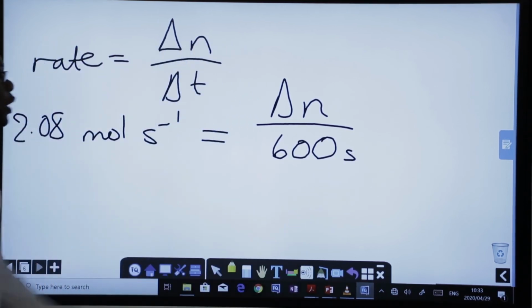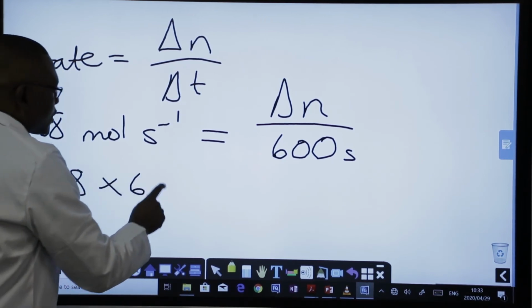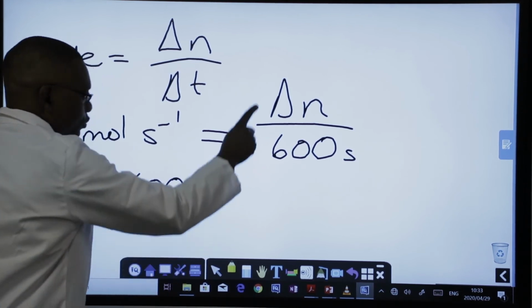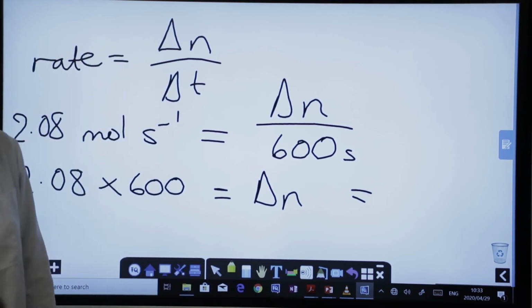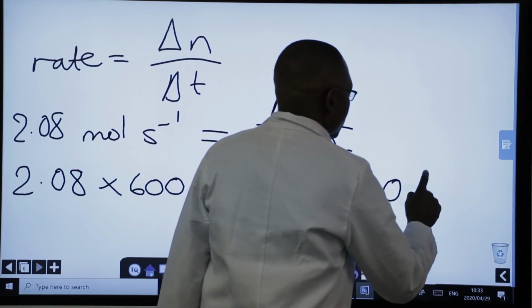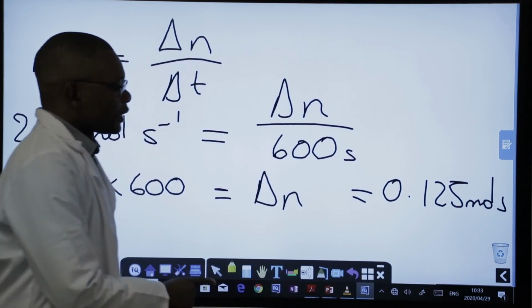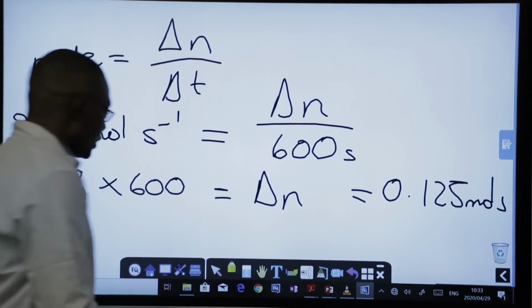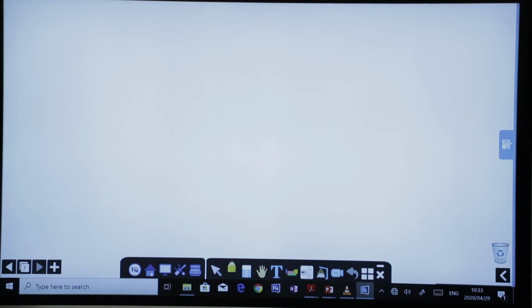Okay. So now, for that, we make our change in the number of moles subject of the formula. So we multiply this by that. So if you multiply 2.08 times 10 to the power minus 4 by 600 seconds, you get your change in N, which is equal to 0.125 moles. Okay. But does it end there? We are saying if this is 0.125 moles, so what about the amount of magnesium which we used there?